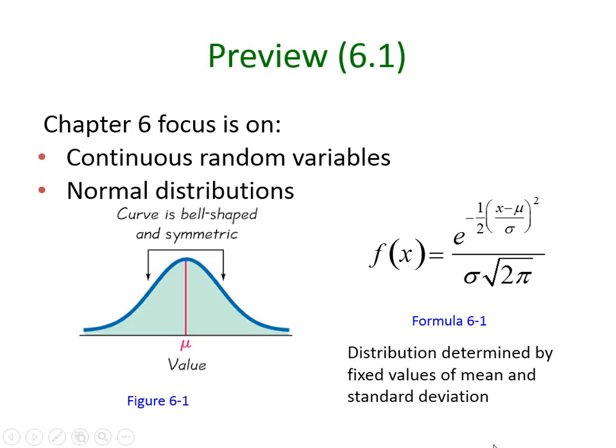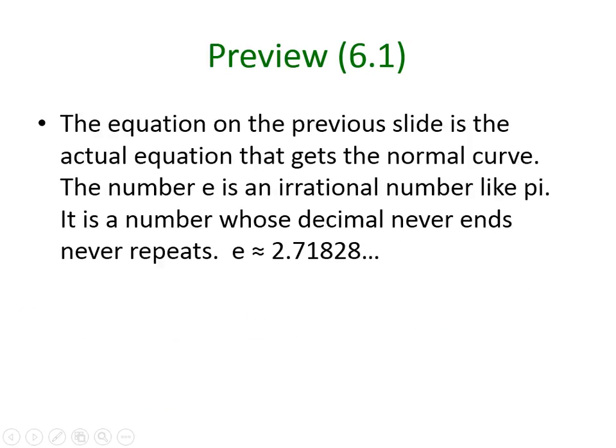Fixed values of a mean, typically a standard deviation, again the population standard deviation. Pi obviously is a constant. E is approximately 2.7128, and that is that relationship. E is another one of those constants.